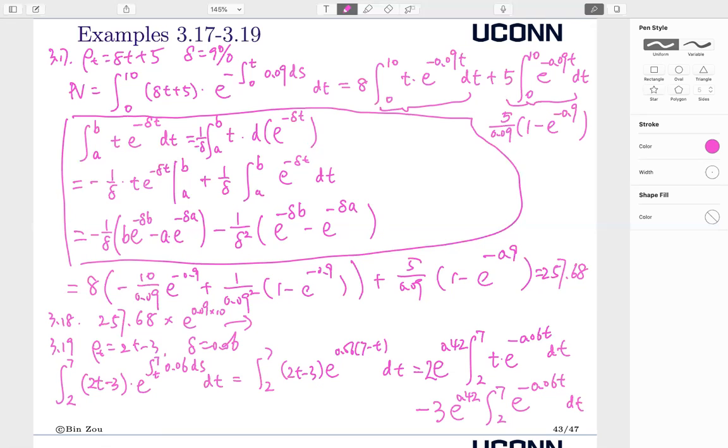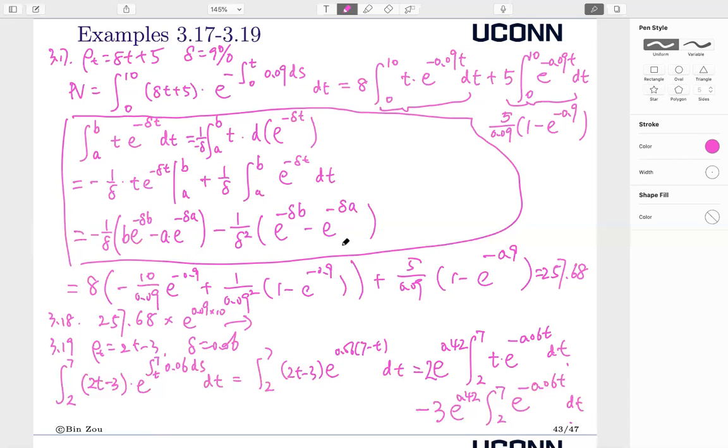At this step, I would leave this to you, because both integrals are special cases. Here, A is 2, B is 7, delta is 0.06. Once I gave you this general result, this is rather easy.